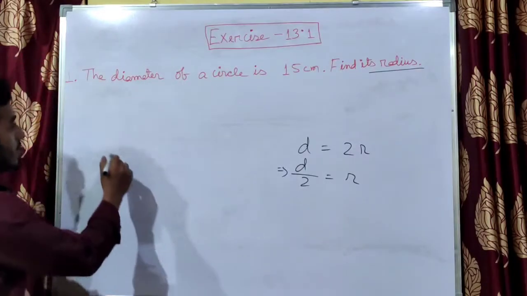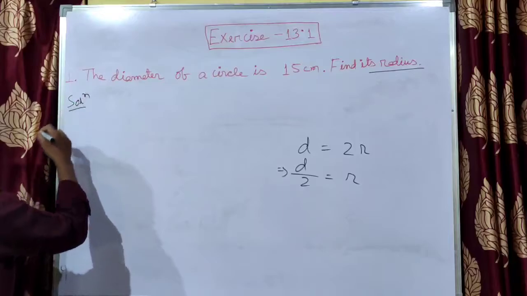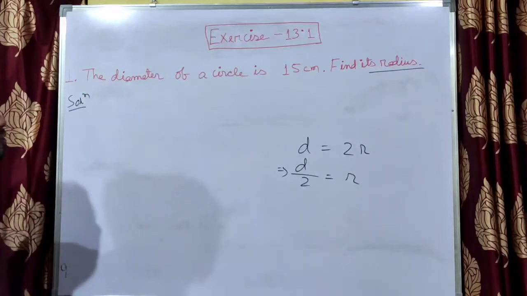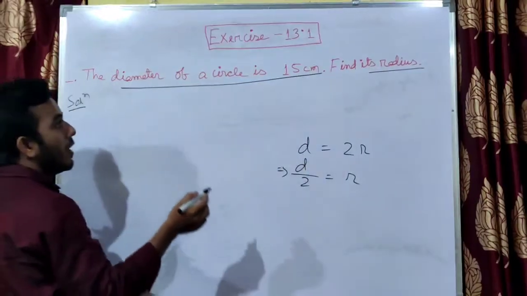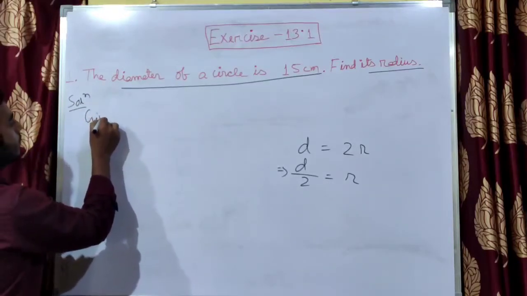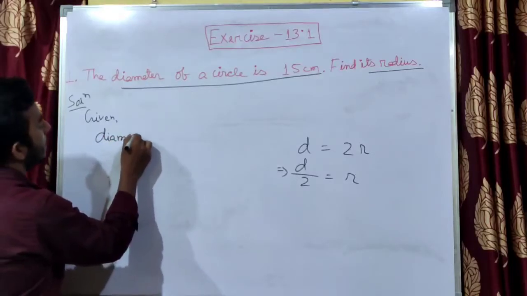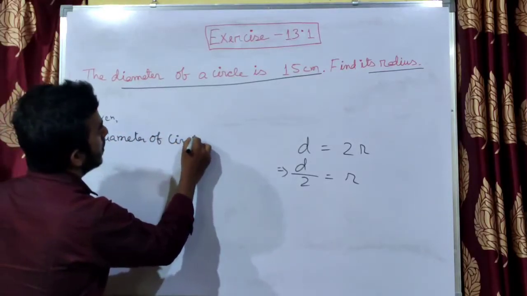Now let's start. First of all we will write solution, then after that we write the information given in the question. The diameter of a circle is 15 centimeter. So here diameter is given, so we write given: diameter of circle.